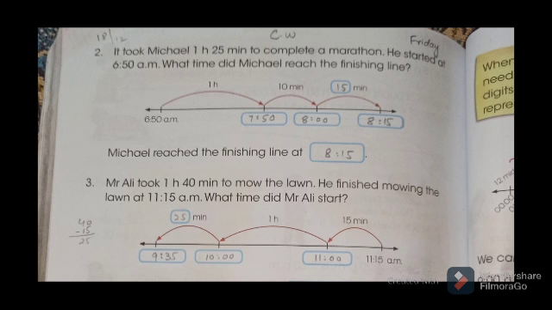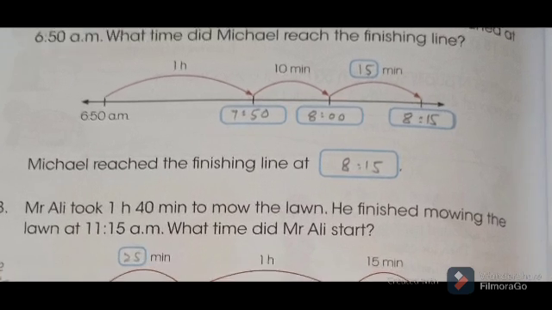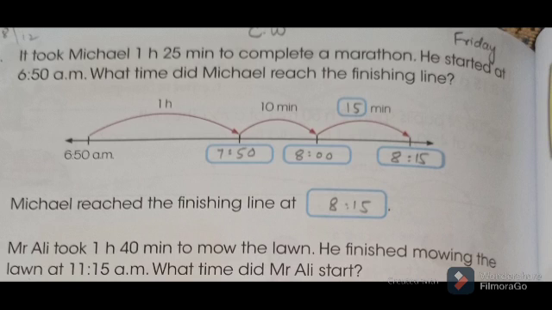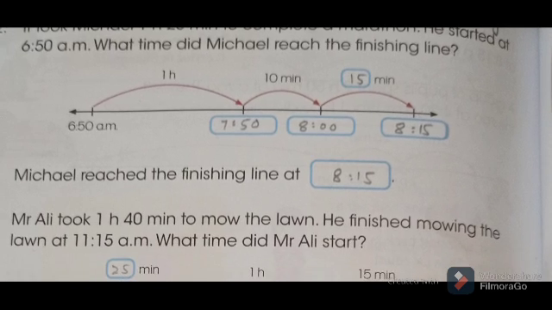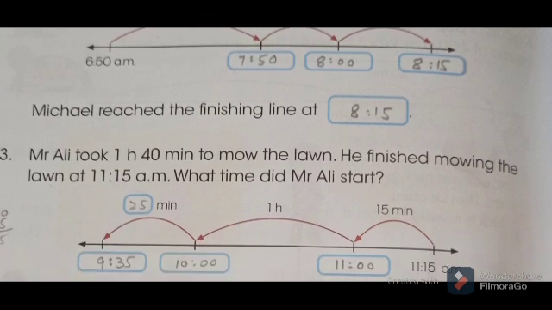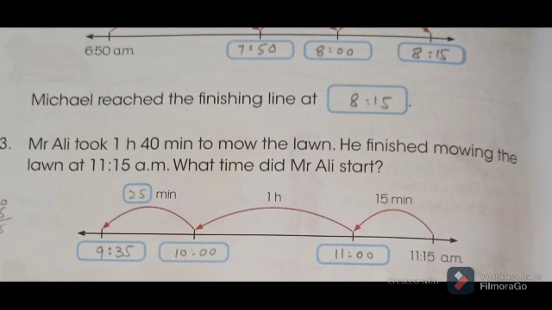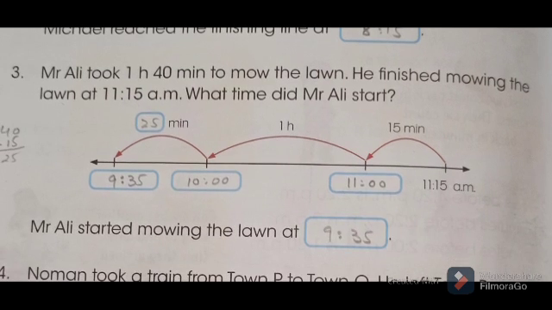Again we will count on to the next hour, that is 8 a.m. Then we will get 10 minutes. 15 minutes are left, so the finishing time will be 8:15 a.m. Michael reached the finishing line at 8:15.